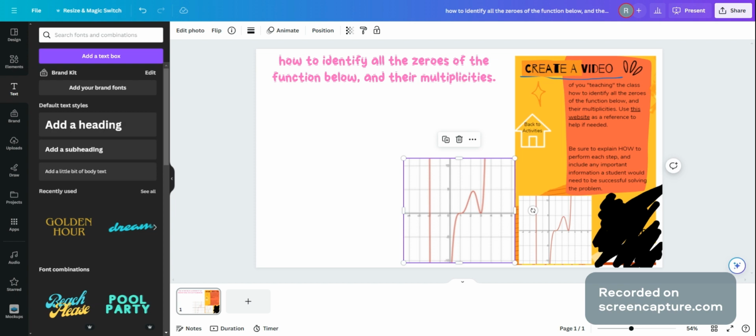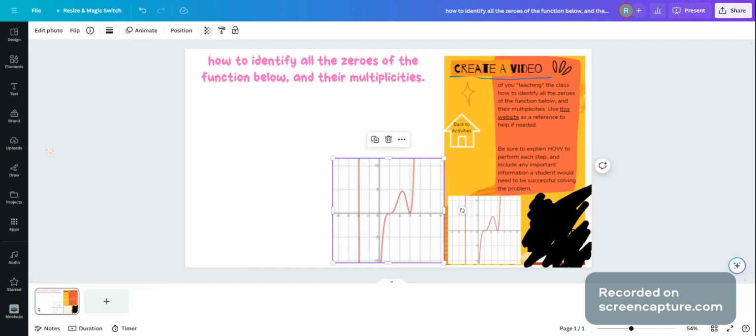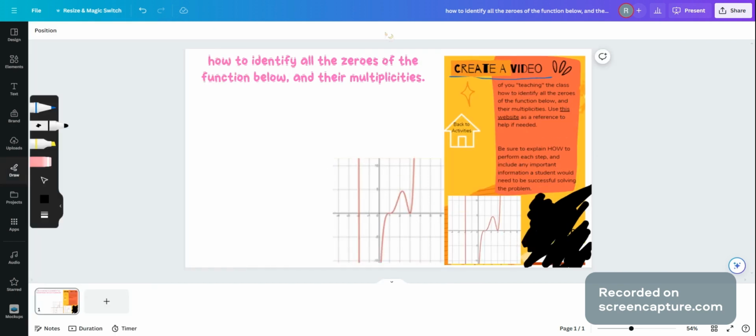We're here to talk about today how to find the zeros of a function, as well as their multiplicities. I hope I said that right. But anyways, so this is the problem we've been afforded, and as you can see, we're in Canva right now, mainly because I couldn't put this on my usual software.